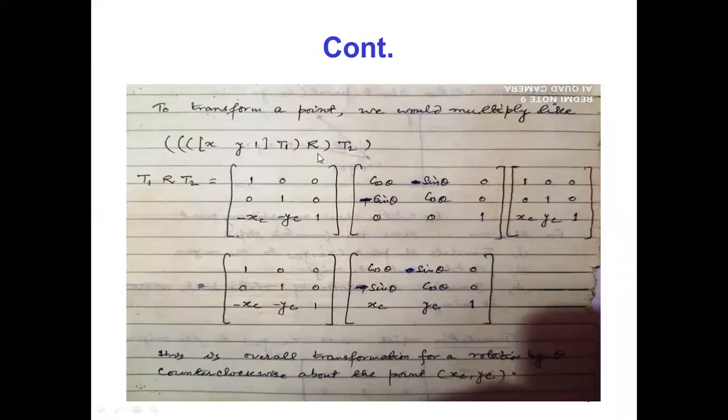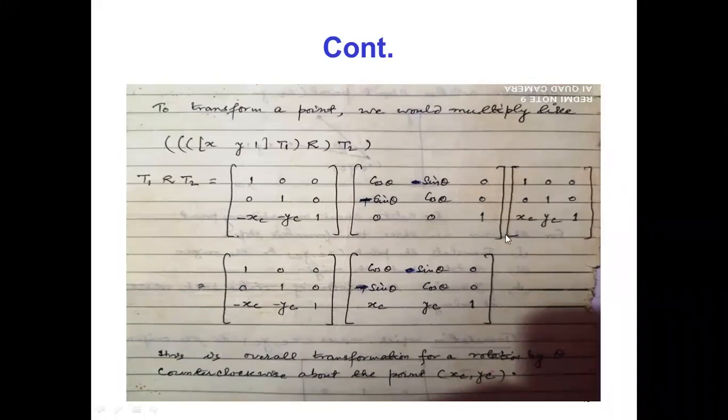Then the rotation matrix: cos theta, minus sin theta, 0, sin theta, cos theta, 0, 0 0 1. And then 1 0 xc, 0 1 yc, 0 0 1. In this way we calculate the value of the complete T1 R T2.